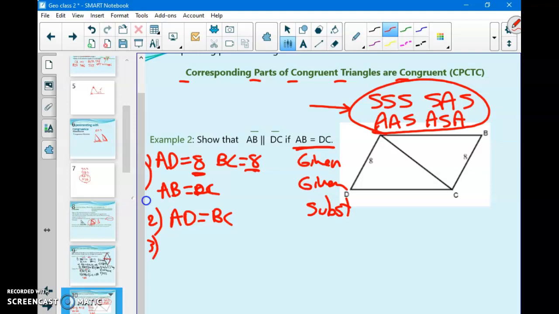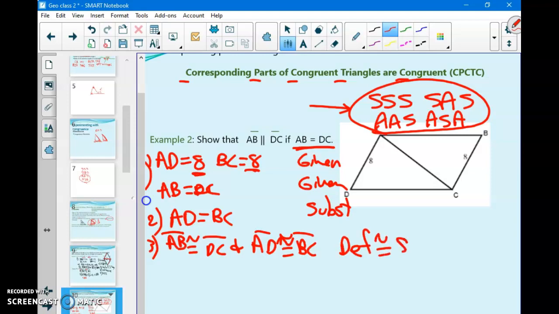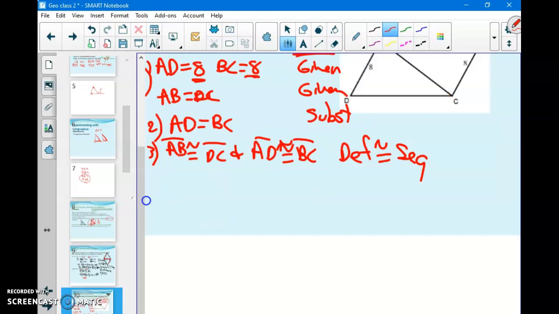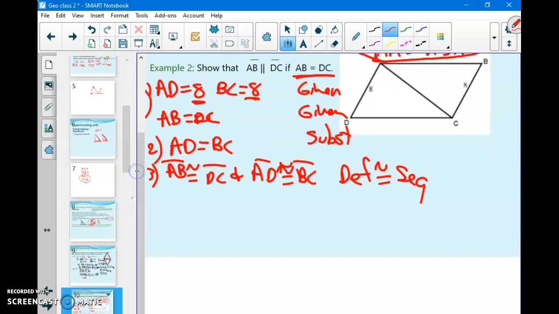So I'm going to go here and say that segment AB is now congruent to segment DC, and segment AD is congruent to segment BC. And I think we talked about the definition of congruent segments before. We hit that one.